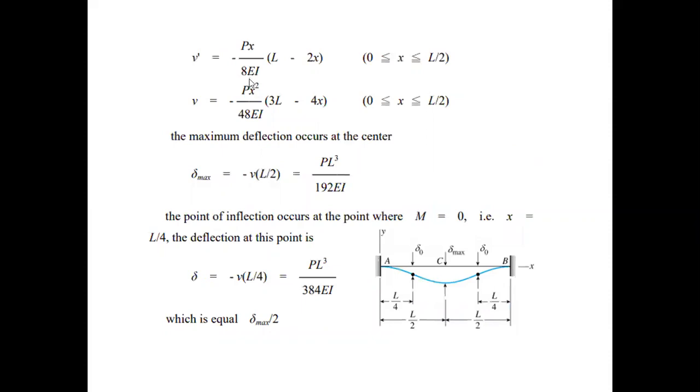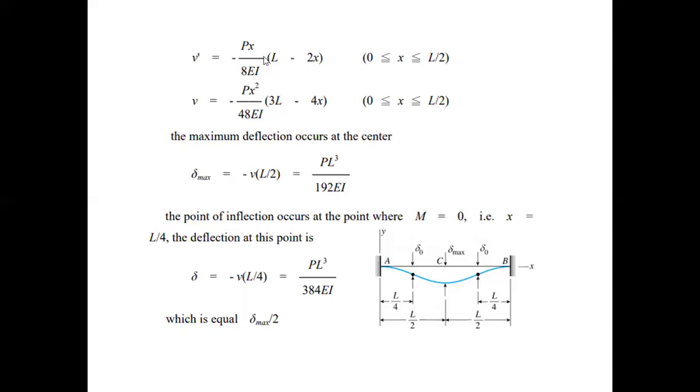So in this way, V dash becomes equal to, this is the equation for slope again, minus Px upon 8EI into (L minus 2x) for 0 to L by 2. Again, on integrating this, we'll get minus Px squared upon 48EI into (3L minus 4x).